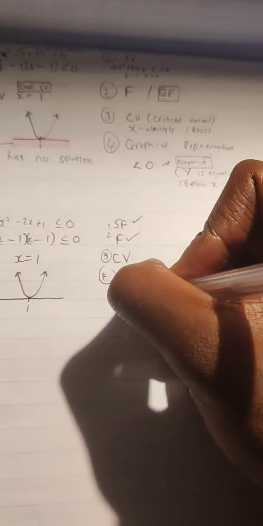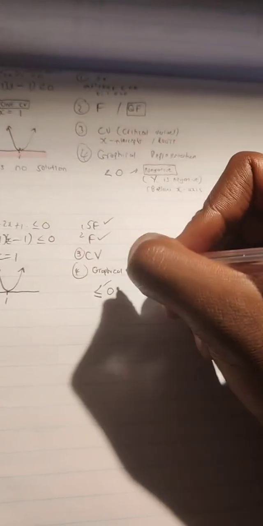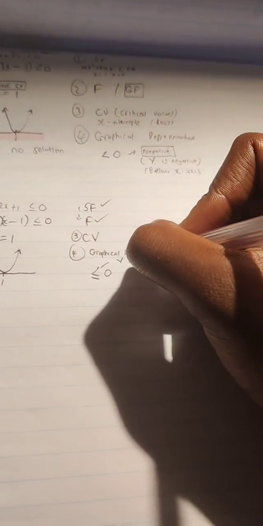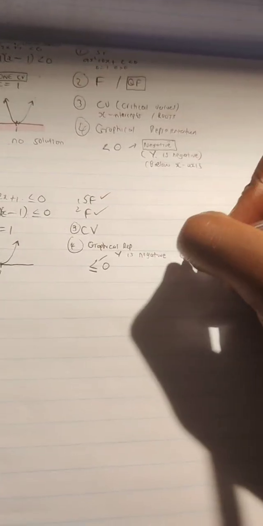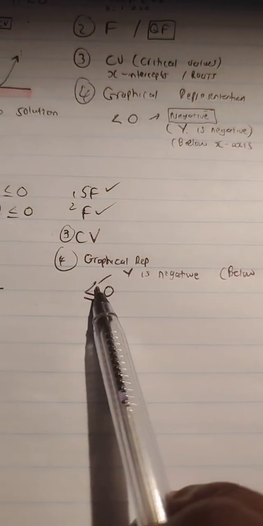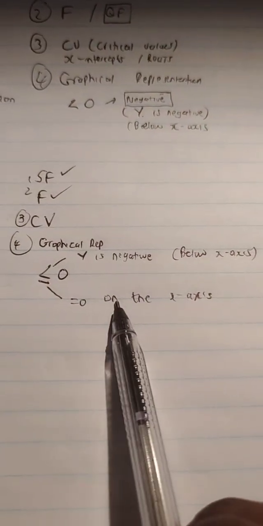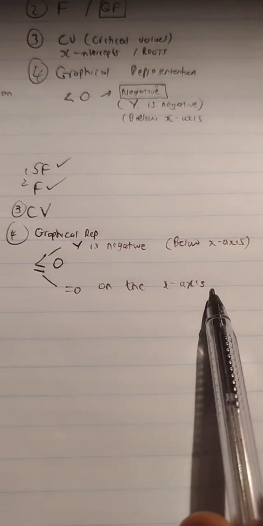Less than or equal to 0 means the following. Less than 0 means where y is negative. Where is it negative? Below the x-axis. Okay, that's the less than part. The equal to 0 part means where the function is on the x-axis.